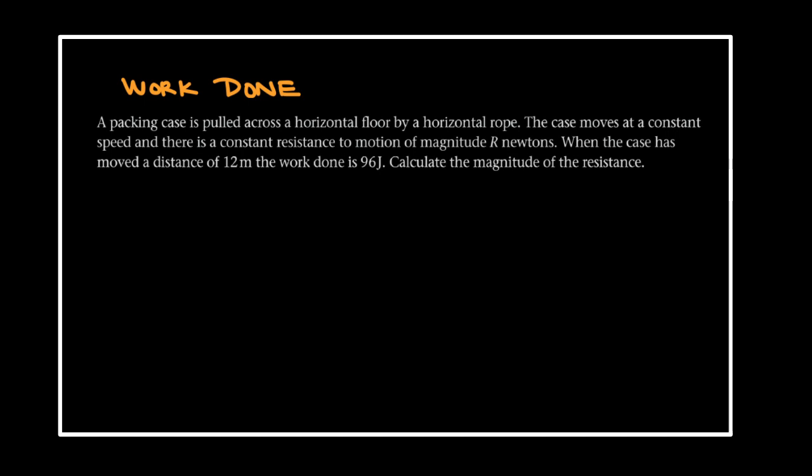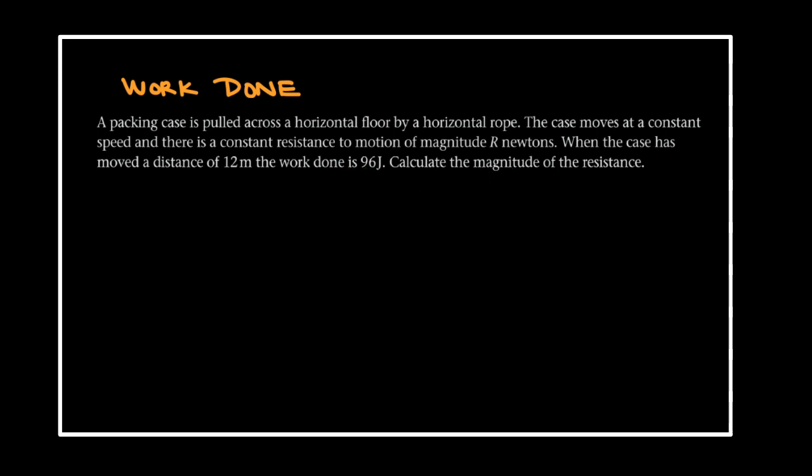The question says a packing case is pulled across a horizontal floor by a horizontal rope. The case moves at a constant speed. That means the resultant force is 0. And there is a constant resistance to motion of magnitude R Newton. When the case has moved a distance of 12 meters, the work done is 96 joules.